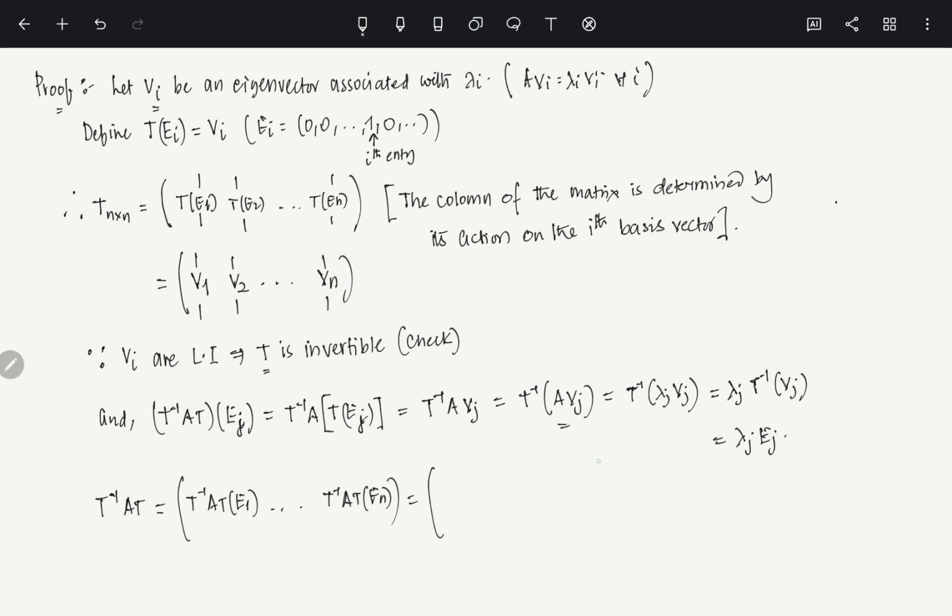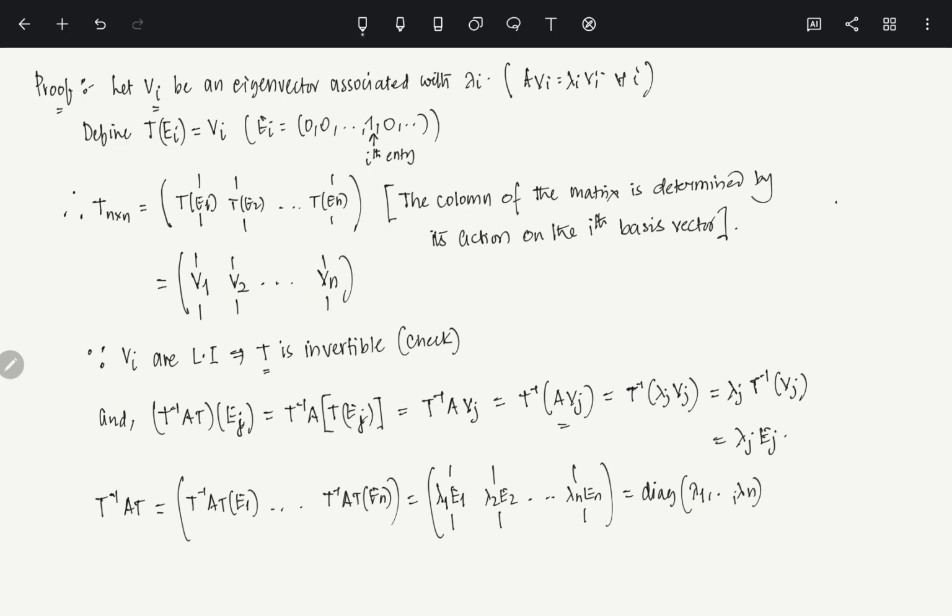So essentially, the first column of this matrix is nothing but lambda 1 E1, and then the second one is lambda 2 E2, and the nth is lambda n En, right? Now E1 is (1, 0, ..., 0), E2 is (0, 1, 0, ..., 0). So if you write it down, this is nothing but the diagonal matrix of lambda 1 through lambda n.